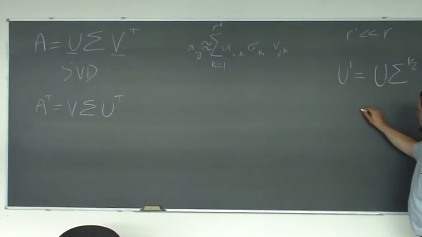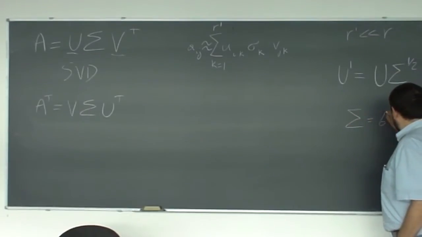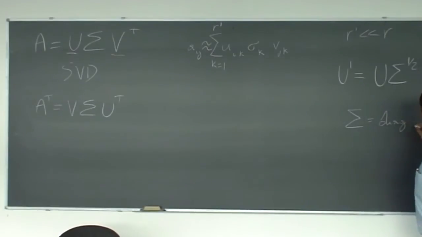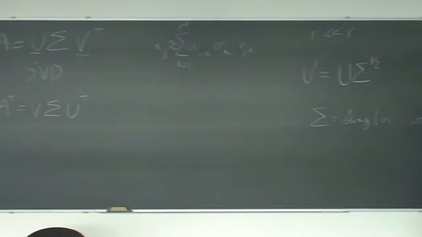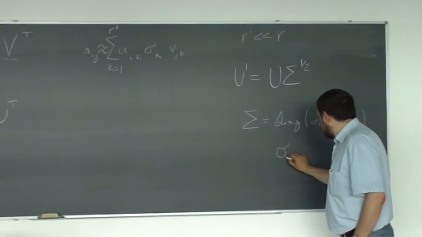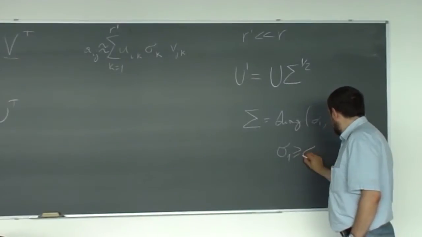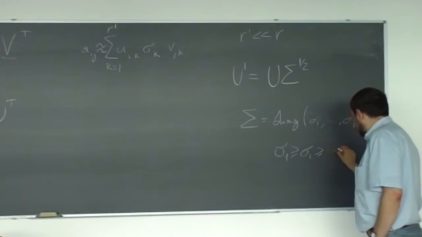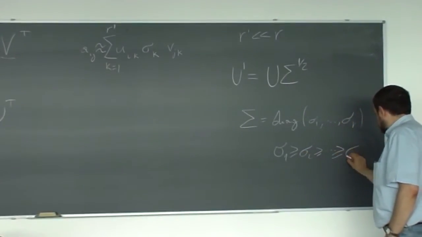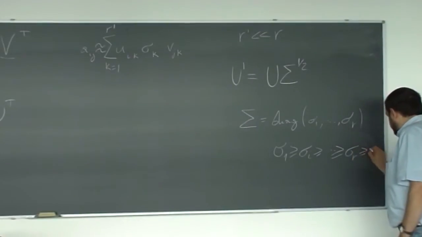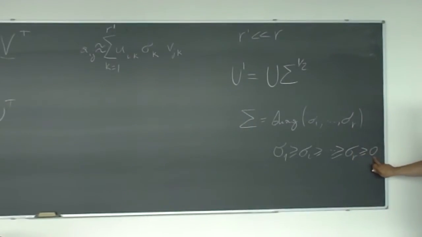You know that sigma is simply a diagonal matrix with values from sigma 1 to sigma r. And we also know that all sigma are greater or equal to 0.